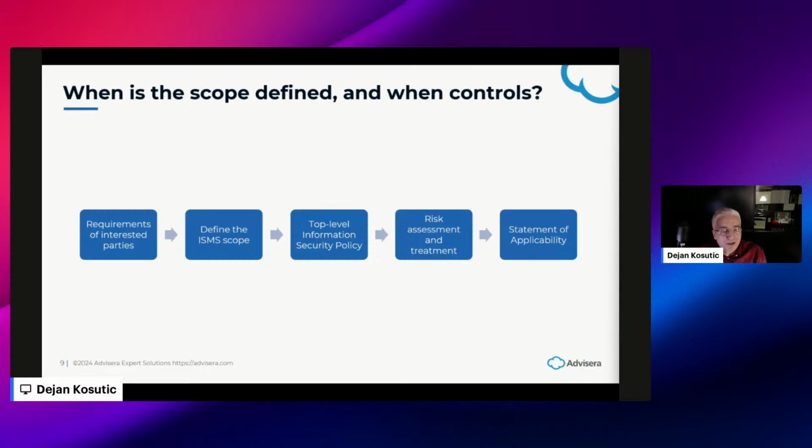So I'm showing you this diagram just to show you why you can't really define the controls, the safeguards that will be used, in the ISMS scope document, because it comes much earlier in the project, and in order to define which controls you need, first you have to go through this risk assessment and treatment, because most of the controls are selected because of risks. And this comes after you define the scope.